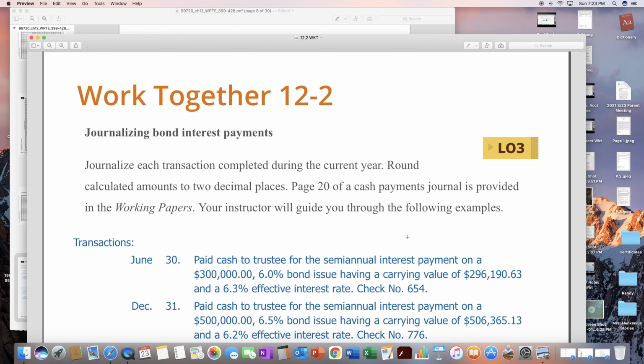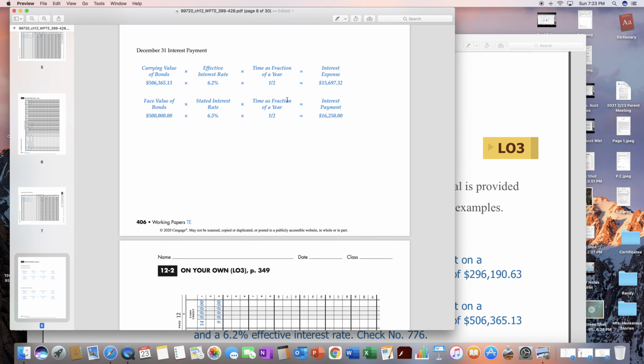When we're trying to find the interest payment, like when we did the interest payment here, we took the face value times the stated interest rate times the half year. Well, we're going to do that here: face value times the stated interest rate times a half year, and we will get the payment. Then we take the carrying value times the effective interest rate times time to get our interest expense. So when you're looking at it here, this is what you're looking at.